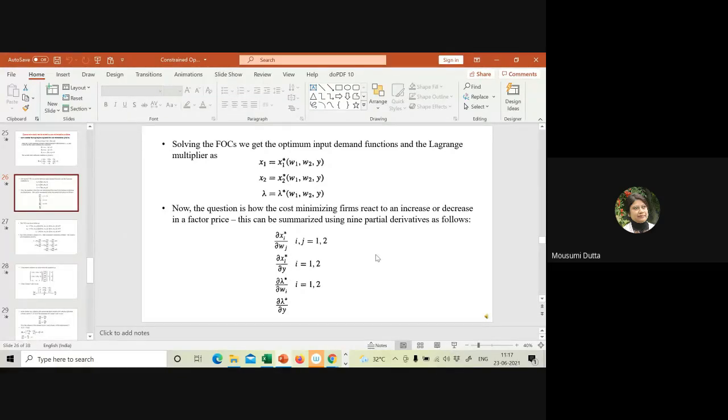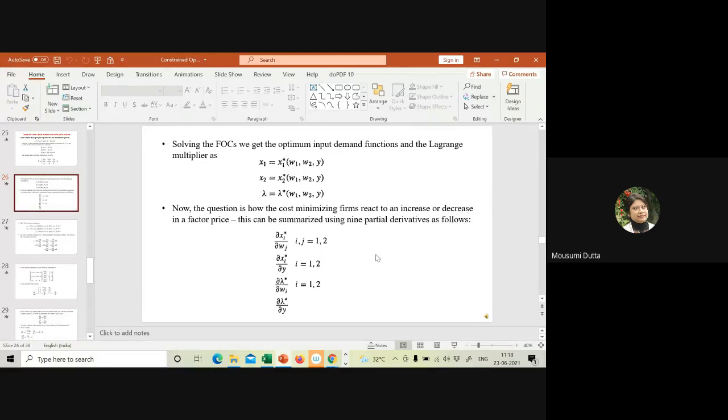Now, if the inputs are normal goods, it is expected the signs should be positive. However, if the inputs are inferior inputs, there is a possibility that del xi star by del y is negative. So it is not necessary that as output increases, input demand will increase.